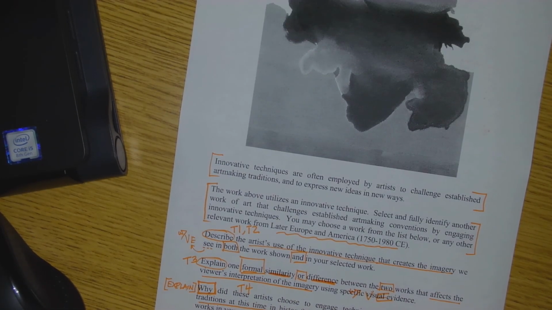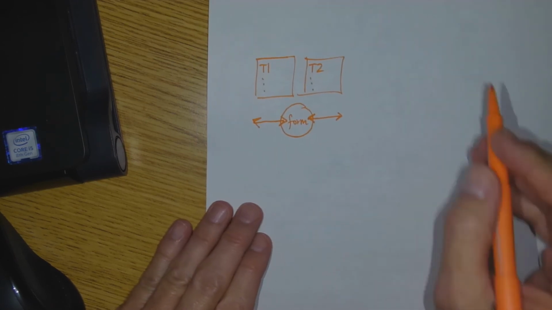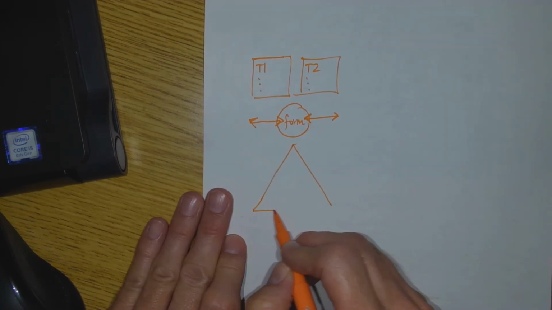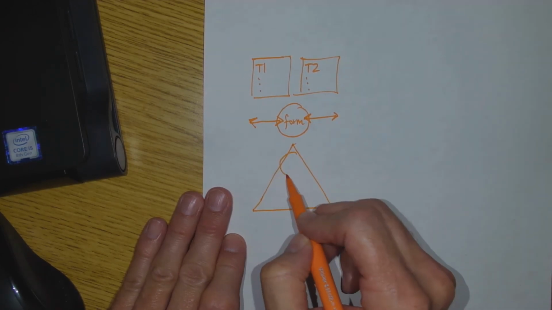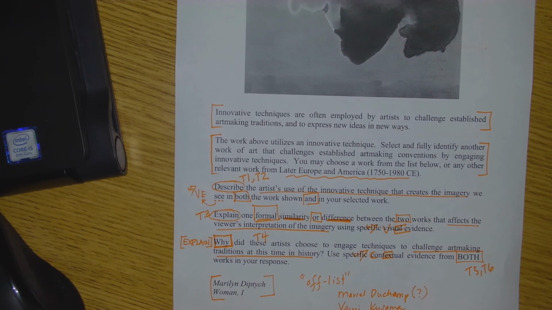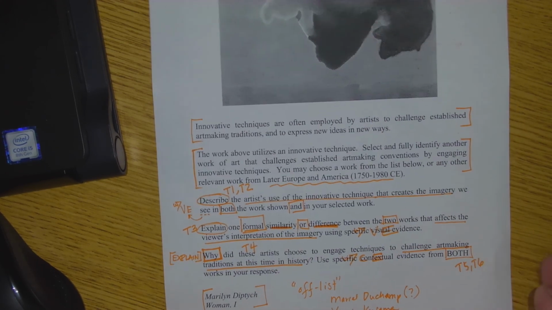Moving on. Why did these artists choose to engage techniques to challenge art making traditions at this time in history? This is a triangle, okay? We've got an idea at the top. Now, are we having to compare this? Why did these artists, it sounds like this is supposed to be a similarity, right? Why did these artists choose to engage techniques to challenge art making traditions? So they both were doing it, right?